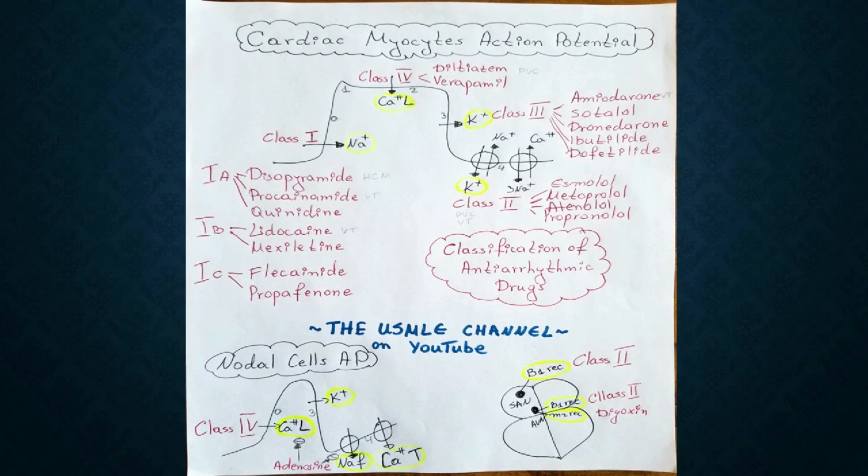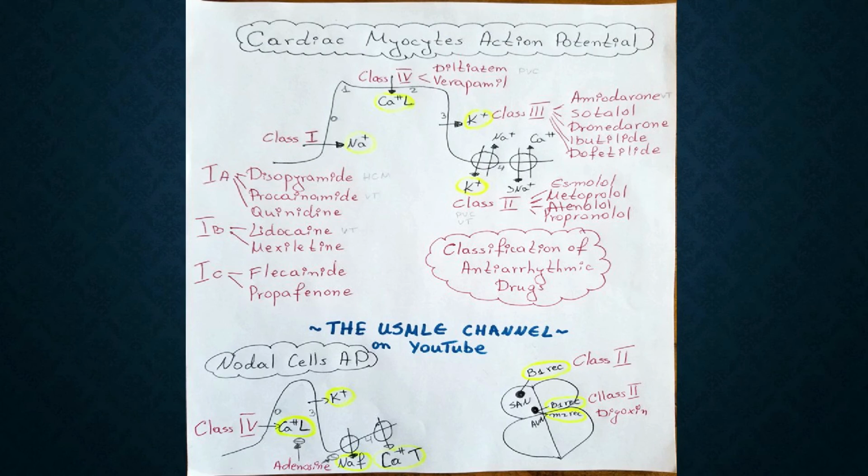Class 4 antiarrhythmics, the non-dihydropyridine calcium channel blockers, not only block the calcium L-type channel on the cardiac myocytes, thus shortening phase 2, the plateau of the cardiac myocytes, but also block the same channel at the nodal cells, thus decreasing conduction through the AV node.